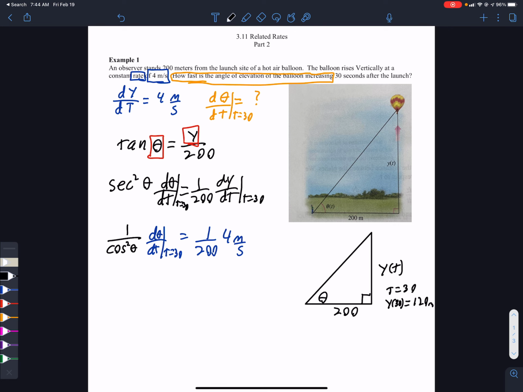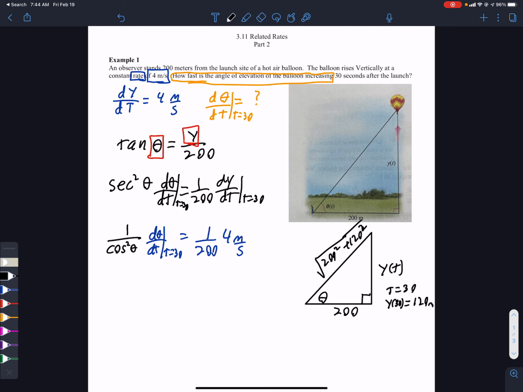So now we know at the particular time when t is 30, y is 120, and we know x, because it's constantly 200. Using the Pythagorean theorem, we can find the missing side. So this missing side would be the square root of one leg squared plus the other leg squared.